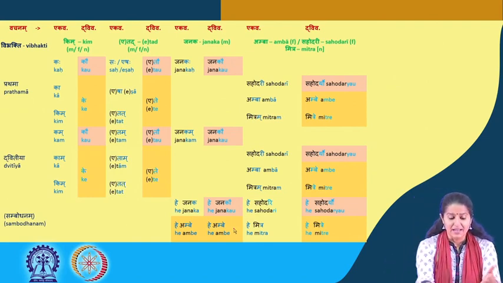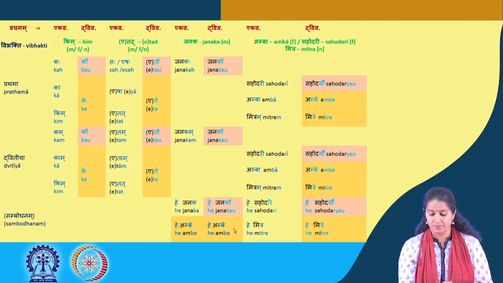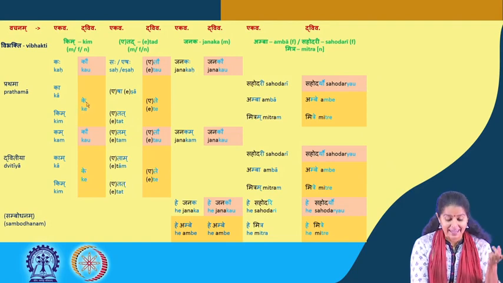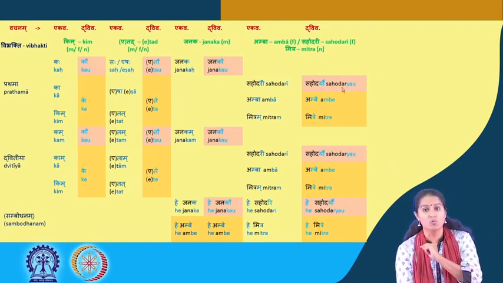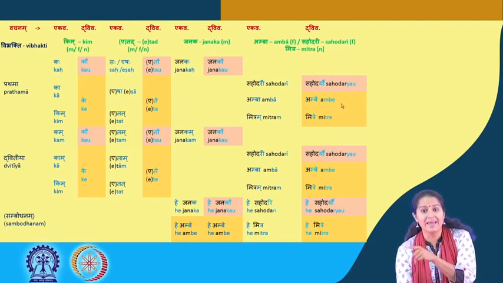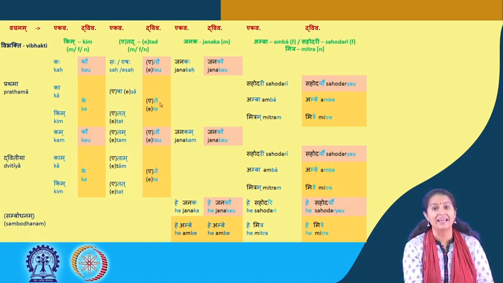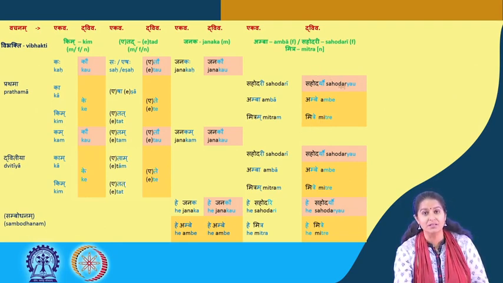So we see that kau, etau, janakau, but in the feminine it is ke, ete, sahodaryau, but ambe and mitre. So whether it is Esha or Etat, both of them will get Ete, and the forms are all with the Ete except for the E ending.